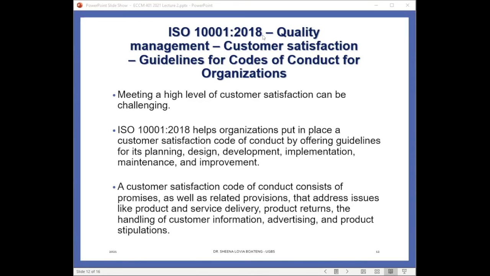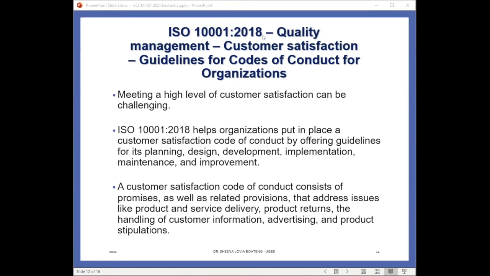So specifically, the customer satisfaction code of conduct consists of everything from promises that the organization makes to customers, as well as related provisions to fulfilling these promises. And they address issues like the code of conduct that has to do with product and service delivery, product returns, handling of customer information, advertising, and product stipulations.